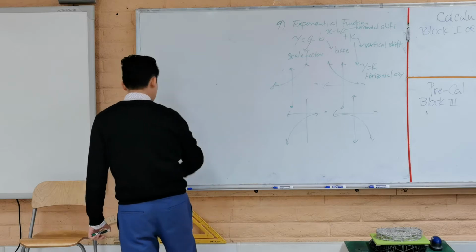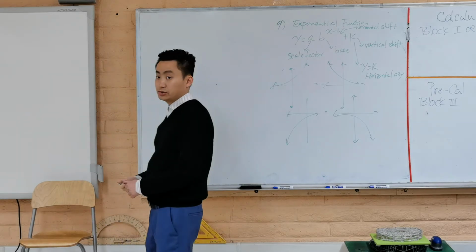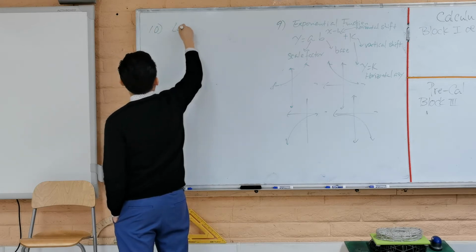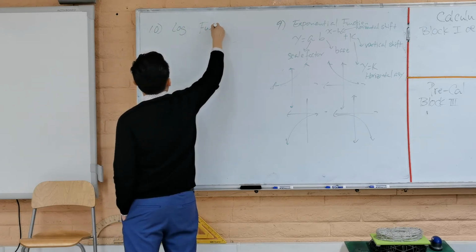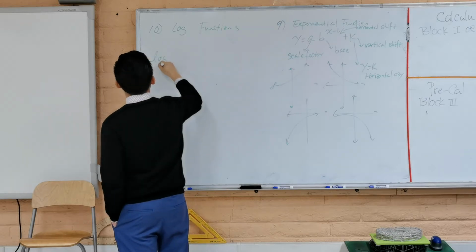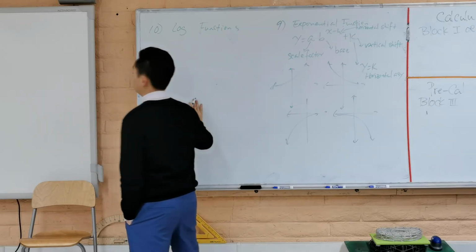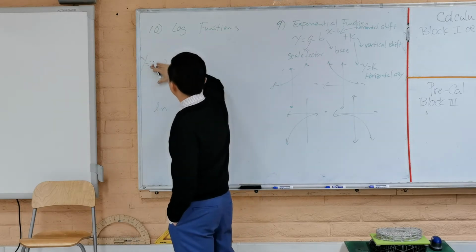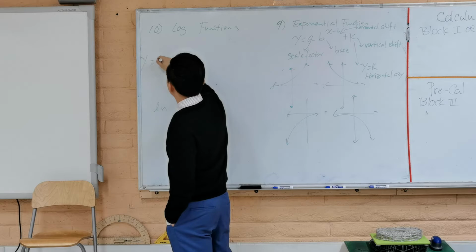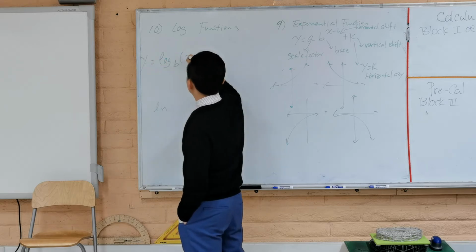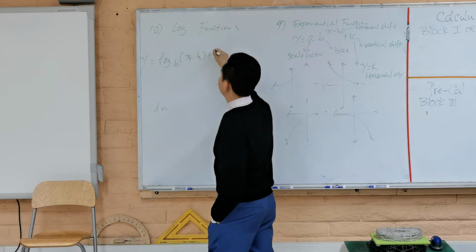Again, we're going to use the transformational elements a, h, and k. So for number 10, the log function. We do have 2 different types of log. One is just log, and the other one is the natural log. For the regular log, it's y equals a times log of base b, and then quantity of x minus h, plus k.